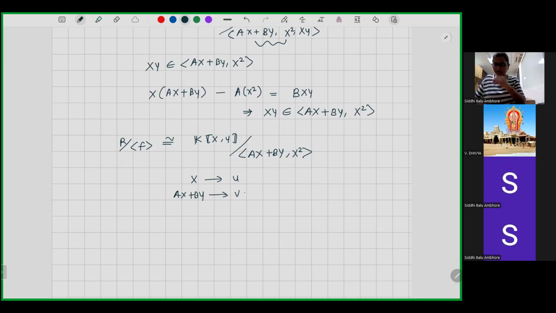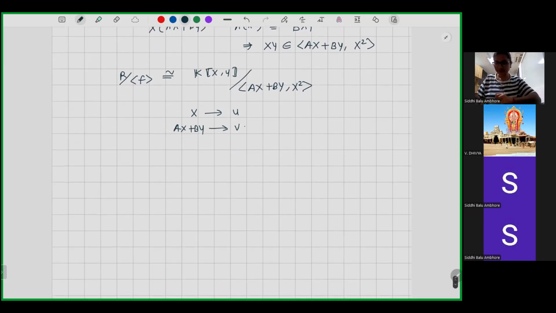Okay, and then how will this ideal look like here? So when I have this, my x is just u, and this y will be some v minus au by b.